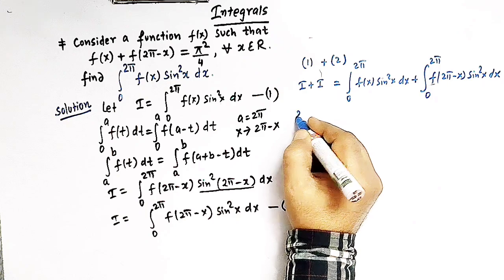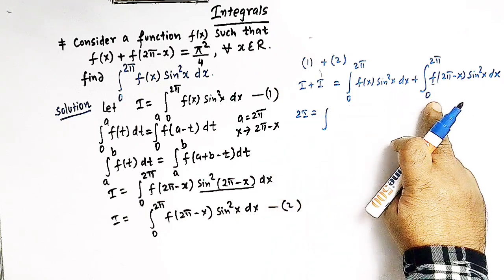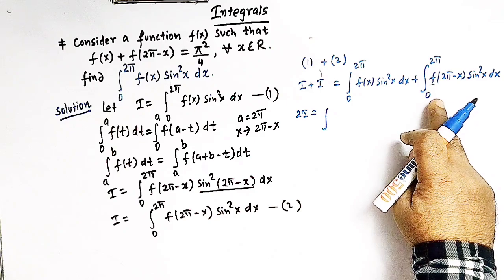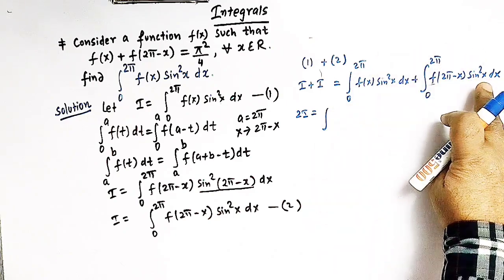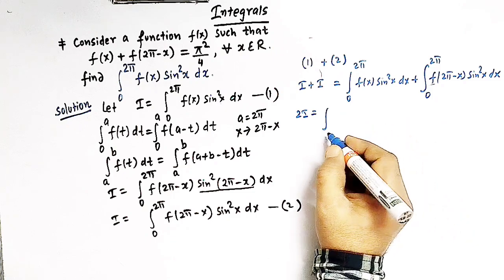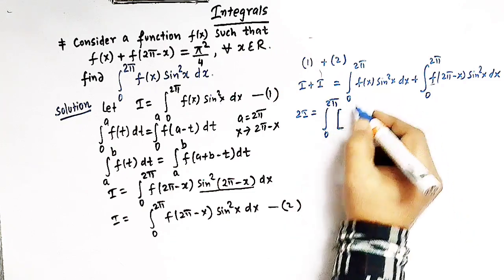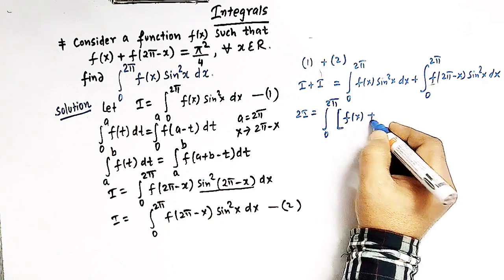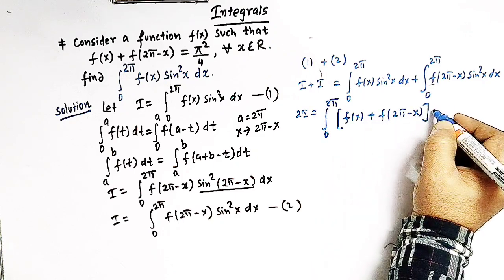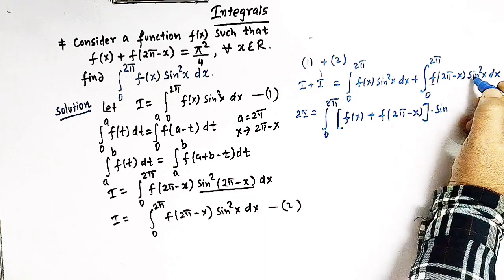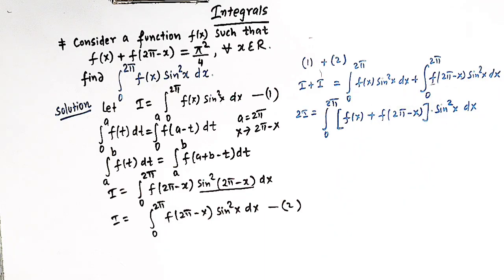So I plus I is 2I, and here we can see that in both the integrals the limits of integration are same, right? And here we have sine square x, and here we have sine square x. So we can now write integral 0 to 2 pi, and we can take f of x plus f of 2 pi minus x, and then take sine square x common, so we have sine square x dx.